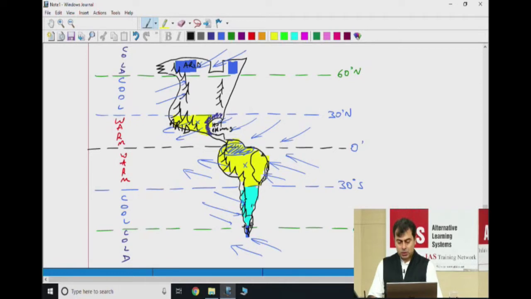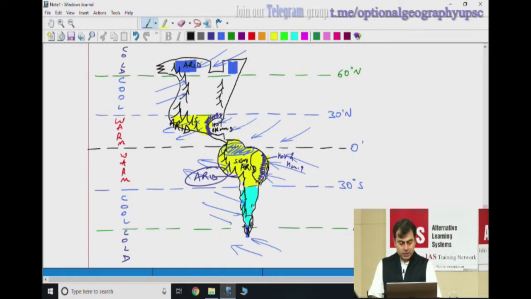There is going to be a lot of rain on the Brazilian side, the east coast also, orographic rain. So this is going to be hot and humid. But here what will it be? Arid. And between humid and arid comes what? Semi-arid. Here also we have a desert, semi-arid.